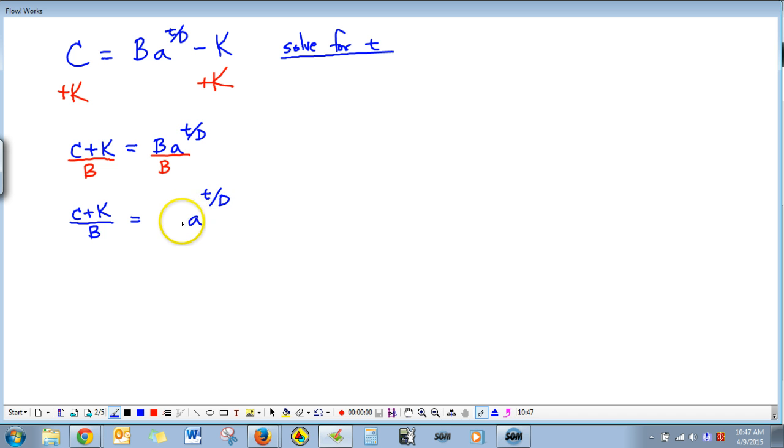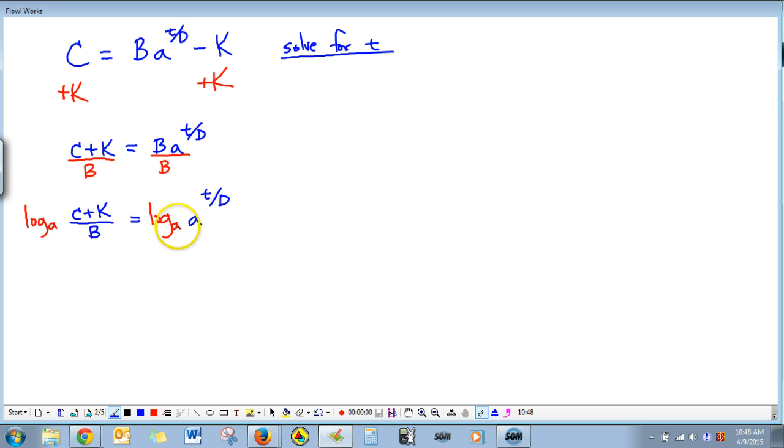And we're going to use the same sort of trick we did last time. When we have a base that we want to get to the exponent, we're going to take the log with this base. So we are going to do the base a log of both sides. And the reason we do that is because it works out nicely on this side.